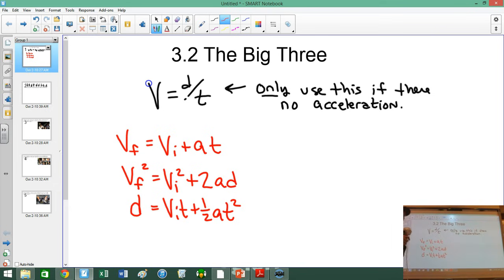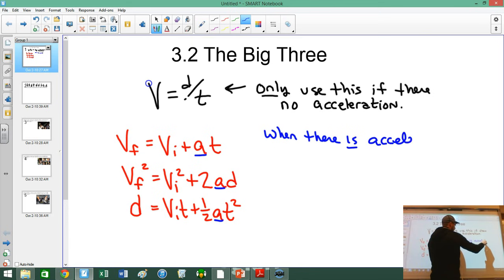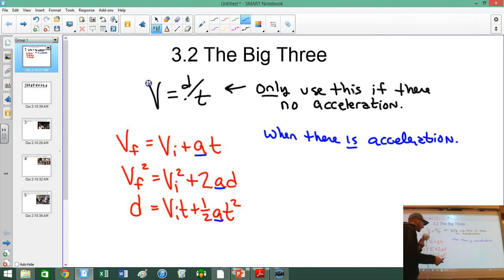Now, you'll notice some similarities and differences between the three right away. One of the similarities is each of them has the letter A in it. So we use these equations when there is acceleration. Secondly, the differences between them.